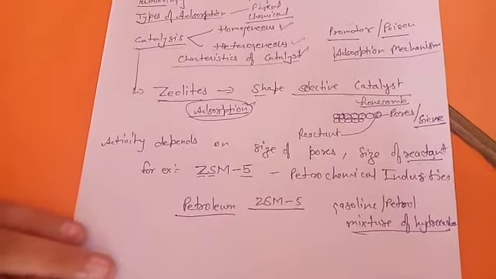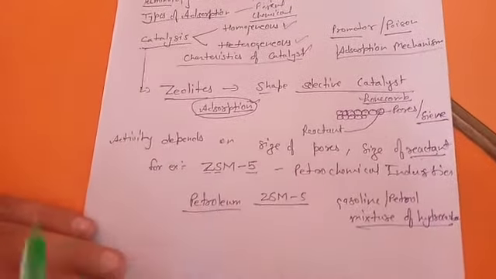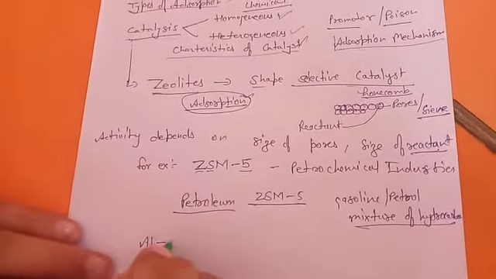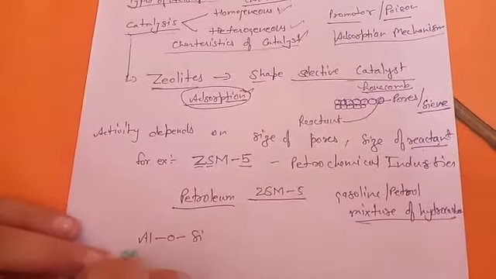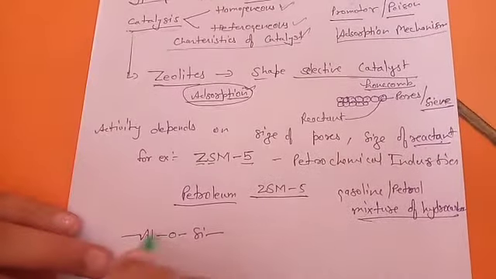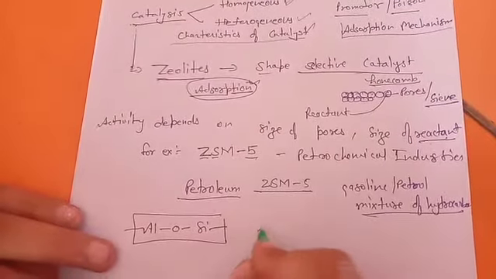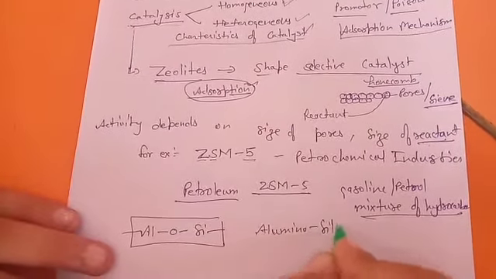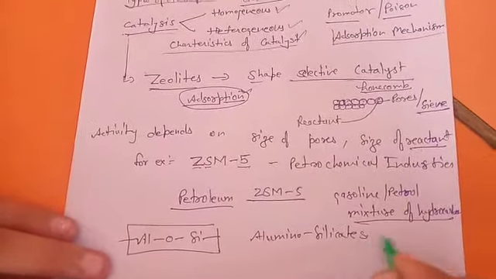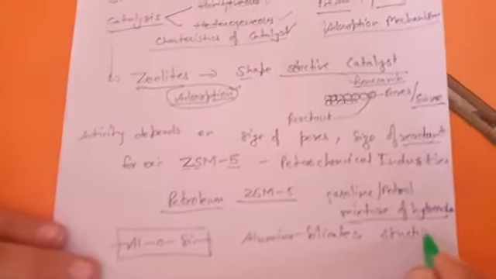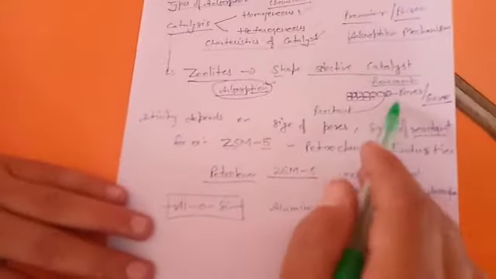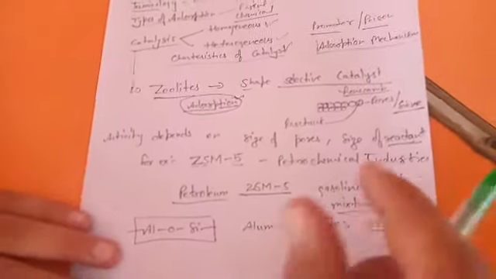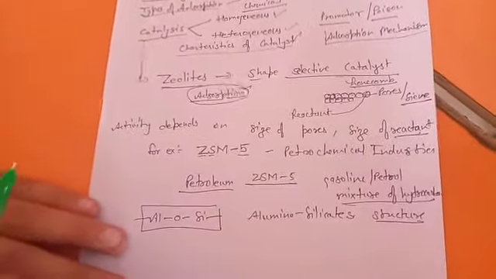Now what is ZSM5 actually, or any other zeolite? They are alumino silicate structures, and the structure you already know is like a honeycomb, whose pores are the main feature deciding for which kind of reactant they will act as a catalyst.